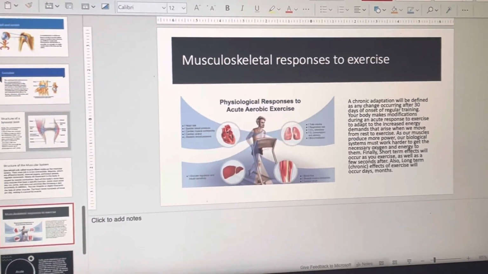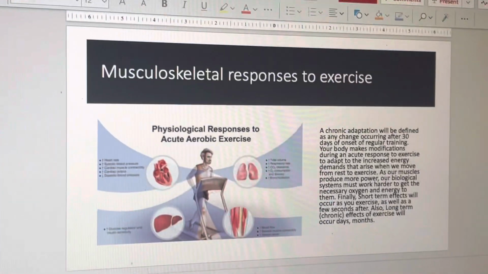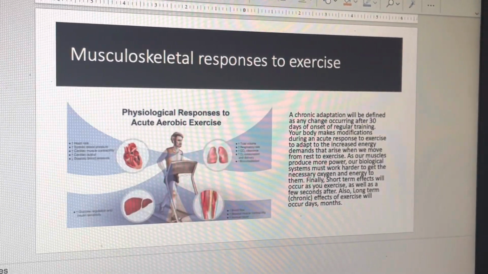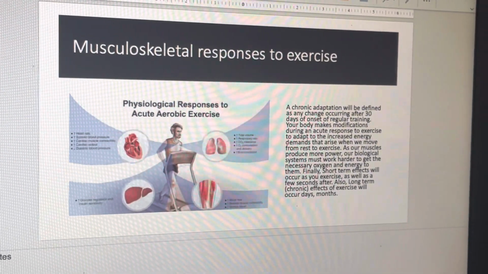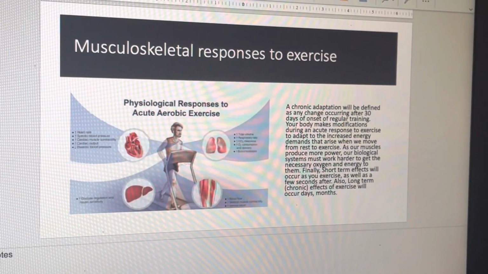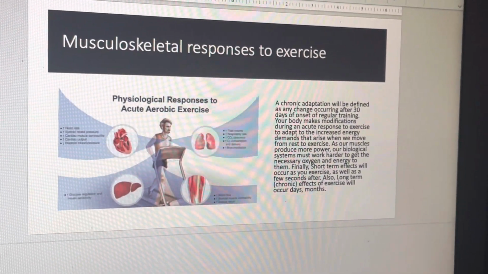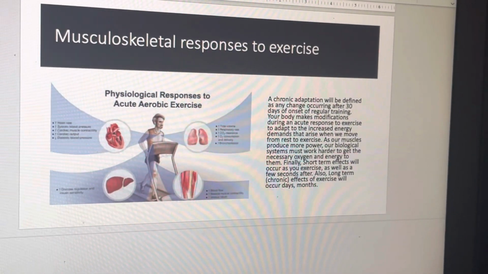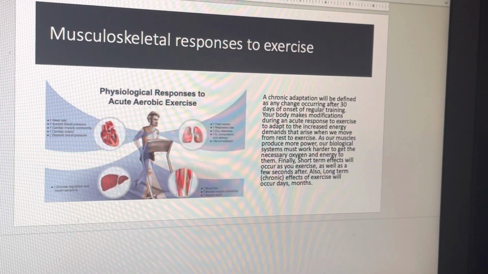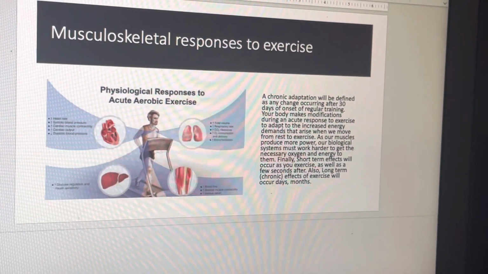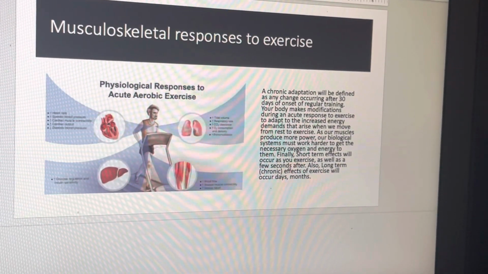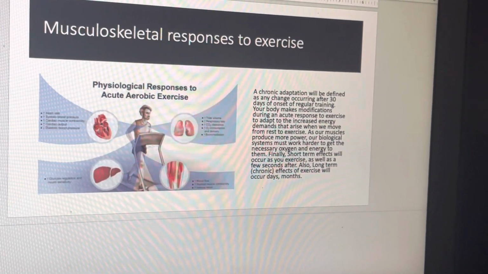Musculoskeletal responses to exercise. A chronic adaptation will be defined as any change occurring after 30 days of onset of regular training. Your body makes modifications during an acute response to exercise to adapt to the increased energy demands that arise when we move from rest to exercise.